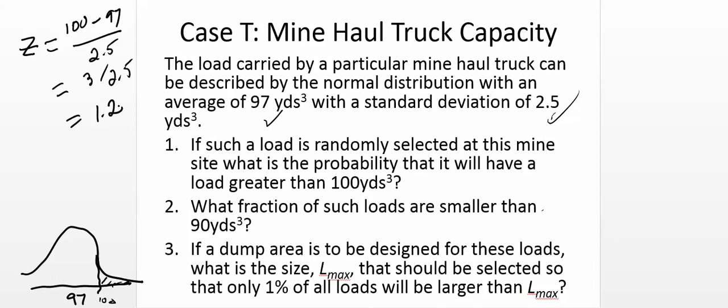For that Z, we need to find the corresponding phi of Z. We can get that from the tables at the back of the book, and I have them available here. So brace yourself, there's going to be some changes on the screen.